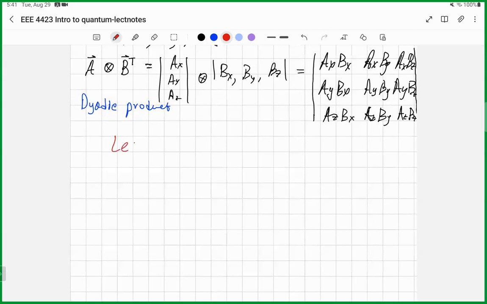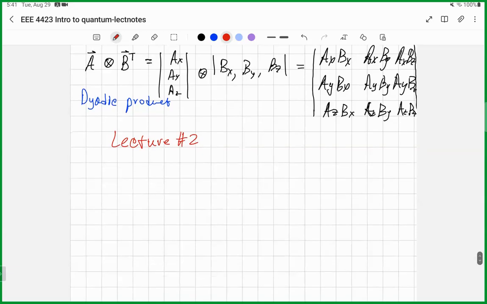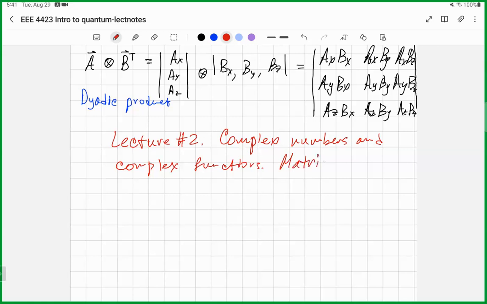Let me put lecture number 2, because that was actually the plan for the first lecture, and this is the topic for the second one. So lecture number 2, complex numbers and complex functions. And we will start discussing matrix operations.